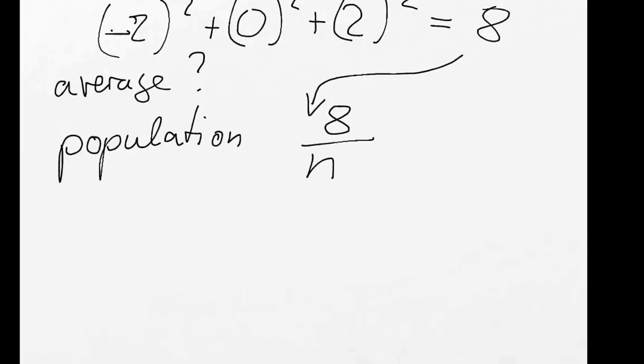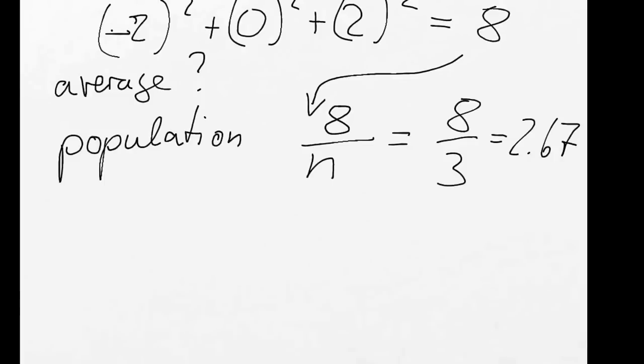So for the population, this would be 8 divided by 3, and that gives 2.67. Yeah? Happy with that?